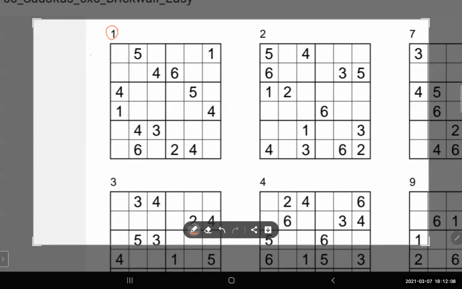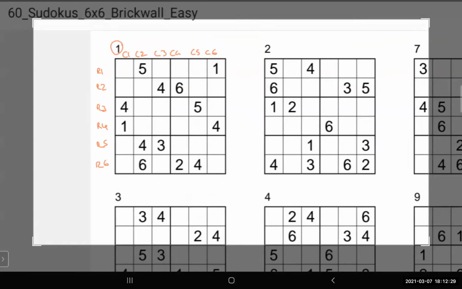So as I told you last class, you can call them R1, R2, R3, which are rows, and columns C1, C2, C3, C4, C5, C6. You remember the rules? Yes, sir.